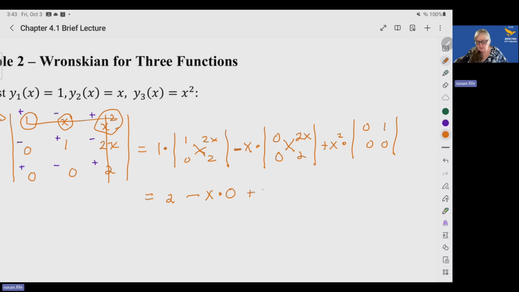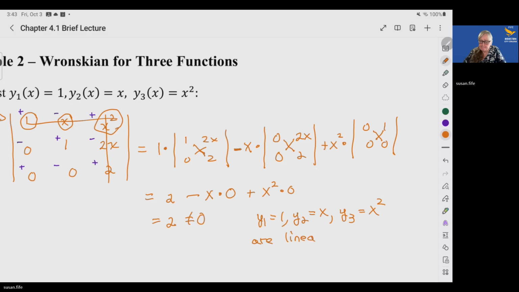And then on that last determinant, I have x squared, and I have 0 minus 0. And all of this leaves me with the 2. Notice that 2 is not equal to 0, and so y1 equals 1, y2 equals x, y3 equals x squared are linearly independent.